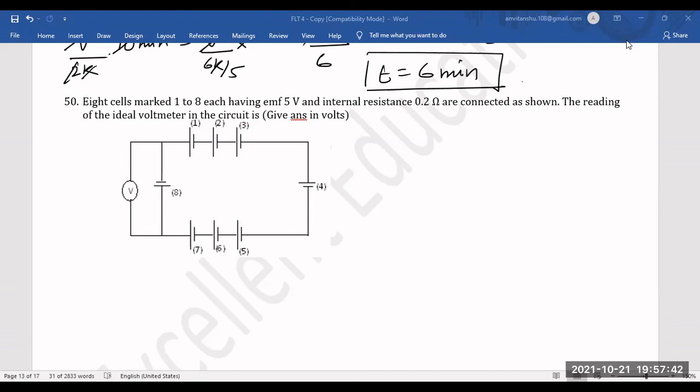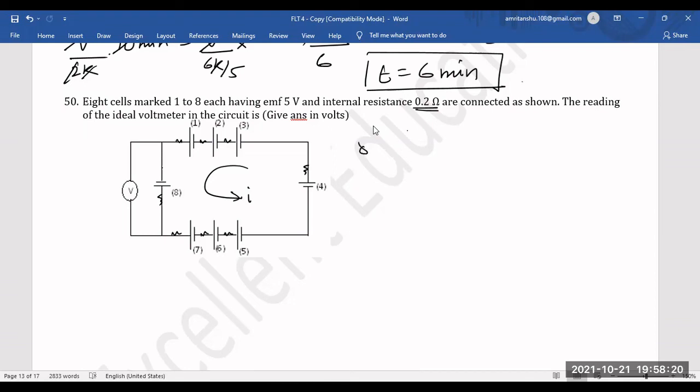I'll tell you why. See over here, we are given the arrangement of the cells that are being made like this, correct? So let's say each cell is having an internal resistance of 0.2 ohms. So if I put internal resistances over here, here, here, and here, and current is flowing through all of this in this direction, what will be the potential drop due to internal resistances?